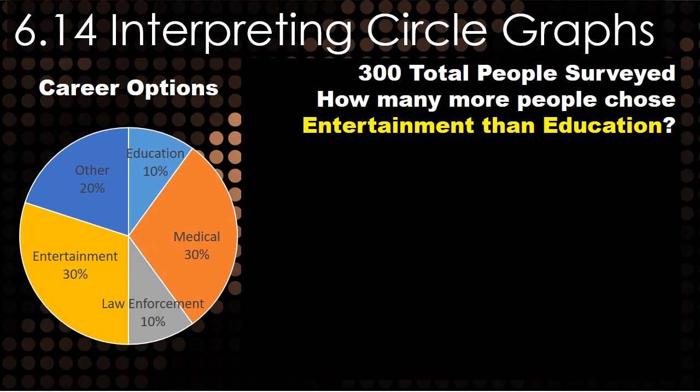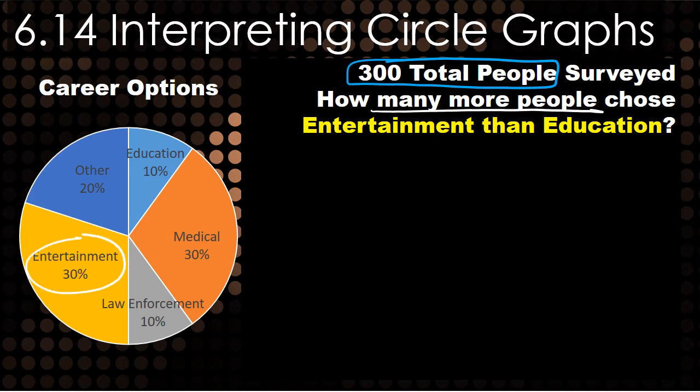You might see a question like this: how many more people chose entertainment than education? Still, it's the same number of people surveyed, 300 total. But in this instance, we have to compare two categories, entertainment and education.